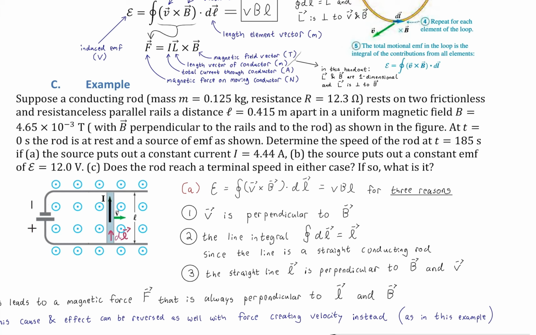With the constant current, it can't change. It's almost like it's compensating for the induced current, because the total current is always that value.